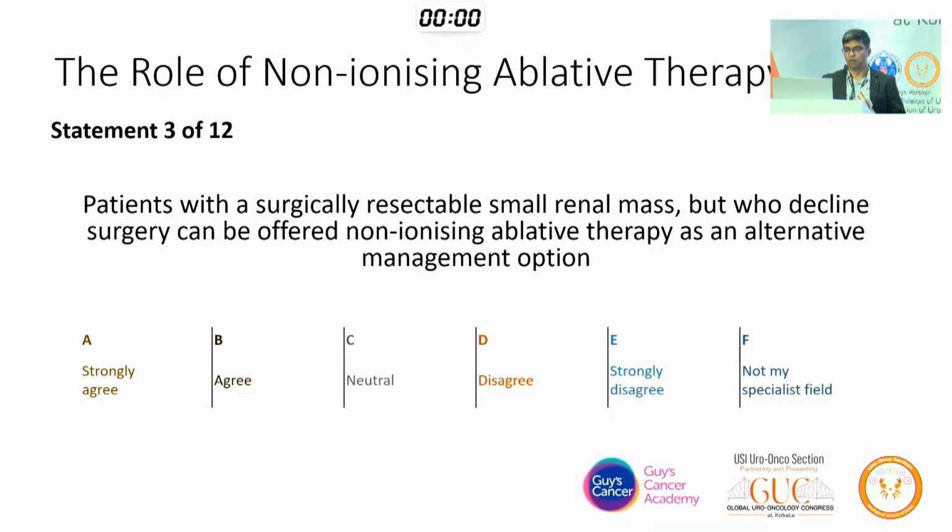Next, patients with surgically resectable small renal masses but who decline surgery can be offered non-ionizing ablative therapy as an alternative management option.